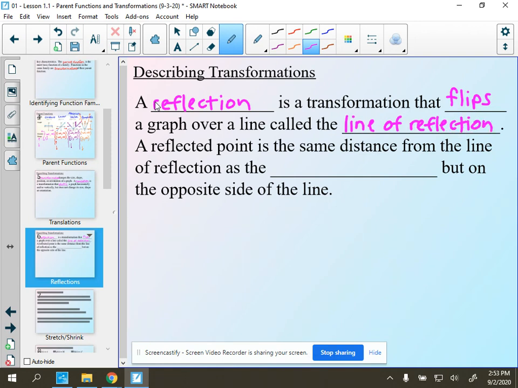Every point that we reflect over that line has to be the same distance from that line as the original point, but on the opposite side of the line. So a quick sketch: if this was my line of reflection, I could take this point and reflect it over, and it ends up right over here, the same distance from here to here, just on the opposite side.